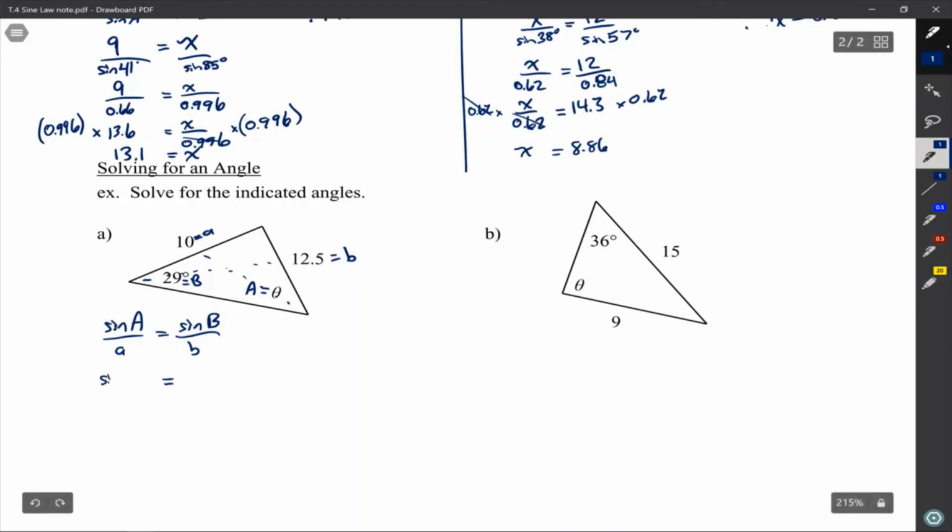So sine theta, which is A, divided by side length A, which is 10, equals sine 29 degrees divided by 12.5, which is B. So right away I'm going to use my calculator to calculate the sine of 29 degrees. That equals 0.48.